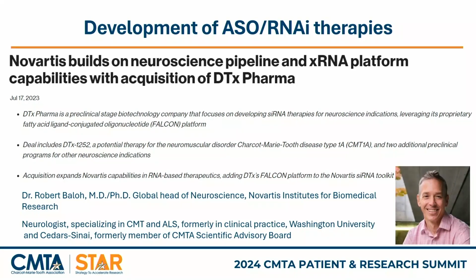And the thing about this was not only the size of Novartis and their ability to bring things to clinical trials, but also this was an effort that's led by a colleague of many of ours named Dr. Robert Baloh. He was a neurologist at WashU and then Cedars-Sinai, and he became global head of neuroscience at Novartis.